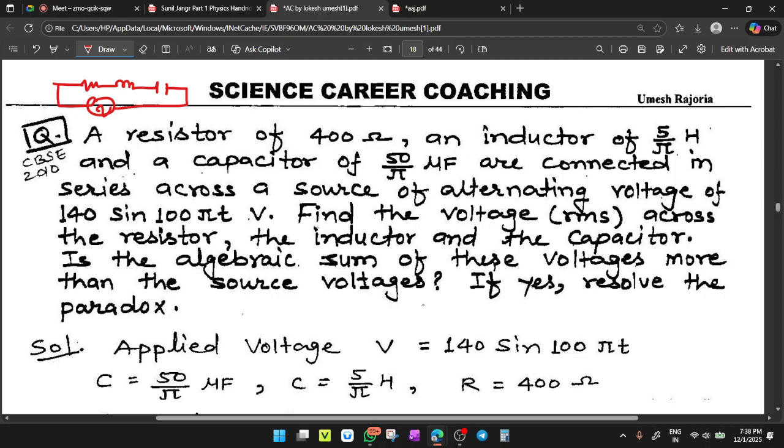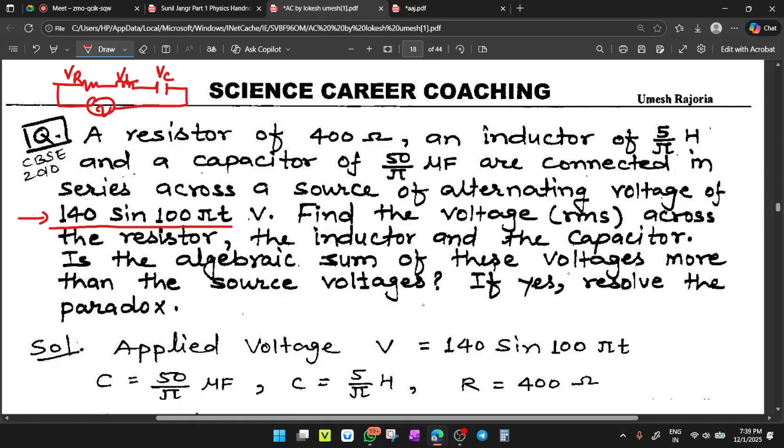This is a series circuit with a voltage of 140 sine 100 pi t volt. Find the RMS voltage across the resistor. Means first you have to find VR, then VL for the inductor, and then VC for the capacitor. So you have to find the individual voltages across the resistor, inductor, and capacitor.